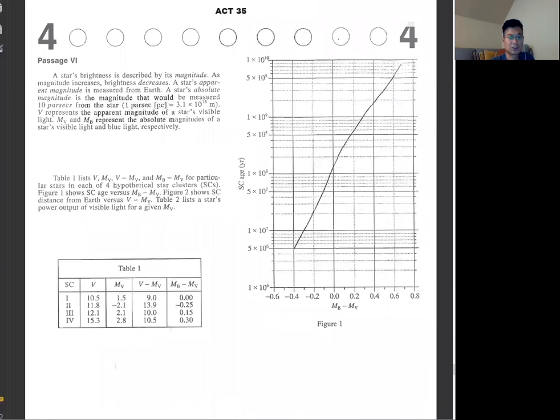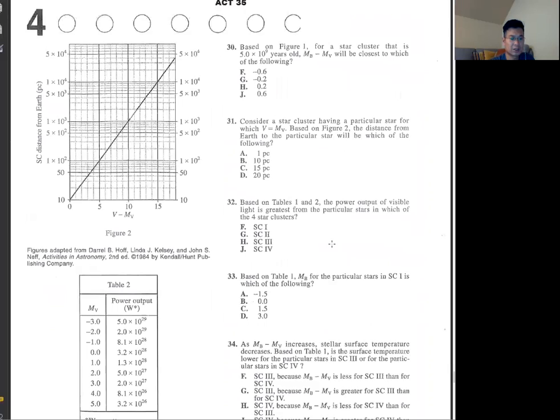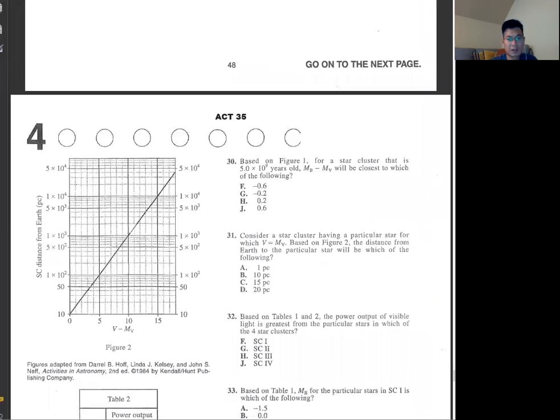The last passage, the second to the last passage, I think. Yeah, second to the last passage. Question number 30, it says based on figure 1, for the star cluster that is 5.0 times 10 to the 9 years old, MB minus MV will be closest to which of the following?